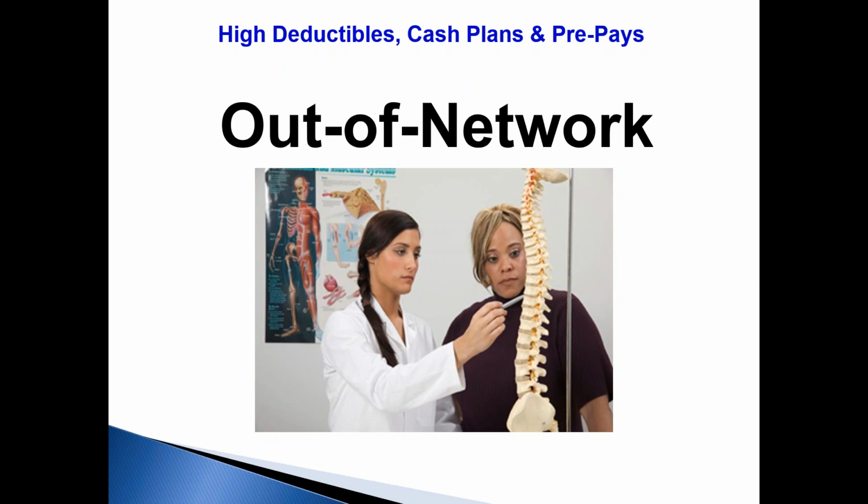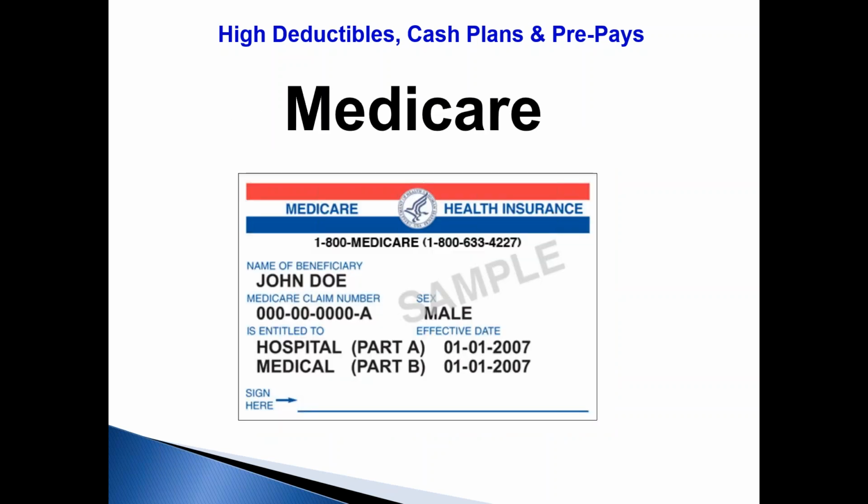You could have the patient pay you in full, or you could have the patient pay their co-insurance, right? If you're out of network, it's co-insurance, it's not copay. And you can work out a payment plan with the patients. Make sure the patient signs the form that they understand you're out of network and they're responsible to pay if the insurance doesn't pay. Now let's talk a little bit about Medicare.